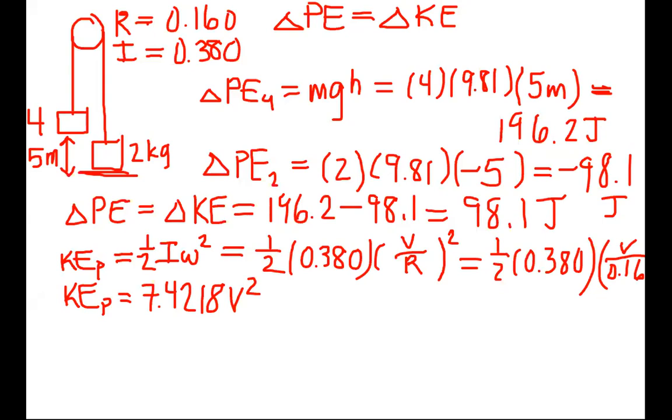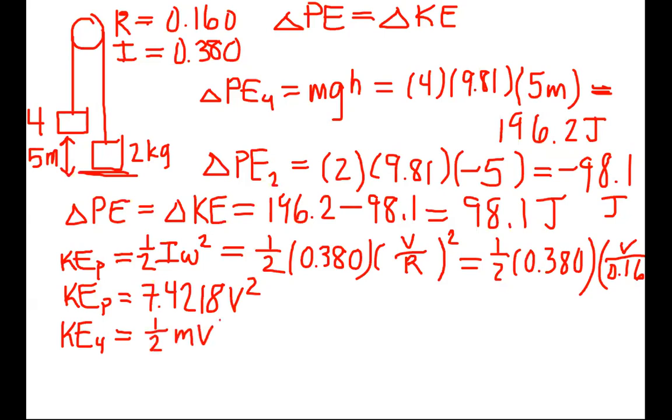We also have the kinetic energy of the 4 kilogram box. And which equation would we use for each of the boxes, Josh? Well, that one would just be translational because we're assuming at least that these boxes aren't spinning. So that would just be the typical kinetic energy equation, which is 1/2 times the mass times the translational velocity squared.